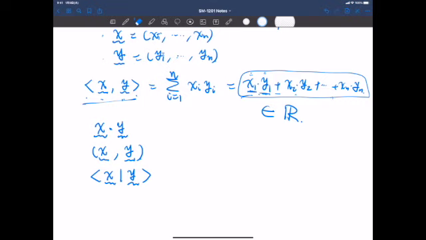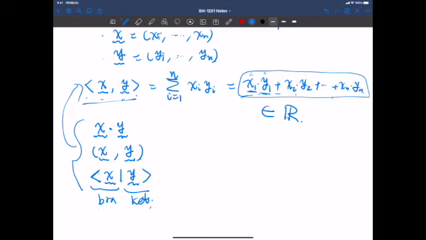So this is called bracket notation. This part is called bra, and this part is called ket. It's called bracket. But they all mean the same thing. So depending on the context, we may use different notations. Okay, but in any case, the result is a scalar. In this case, it's a real number.